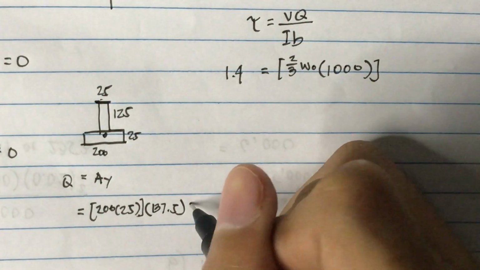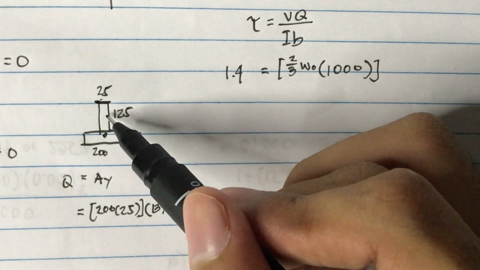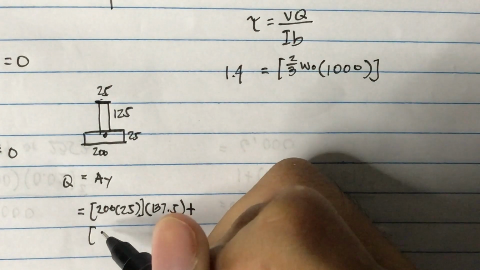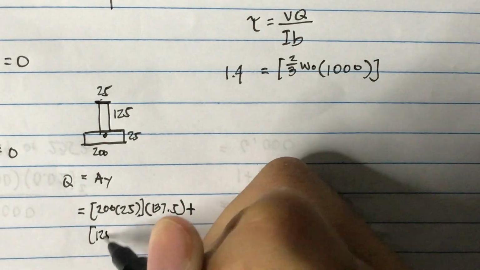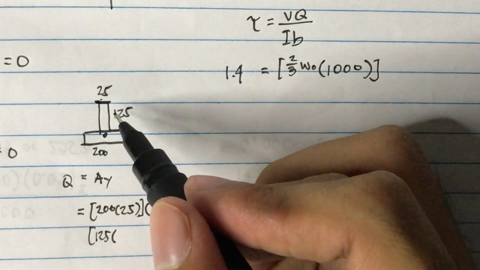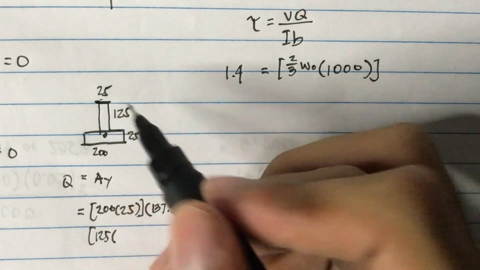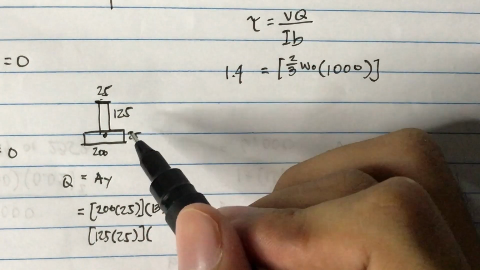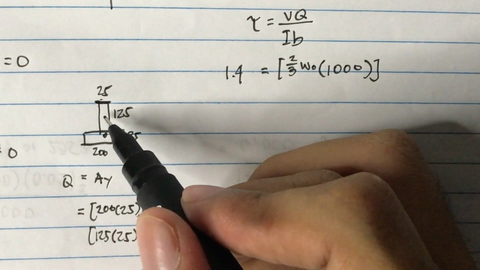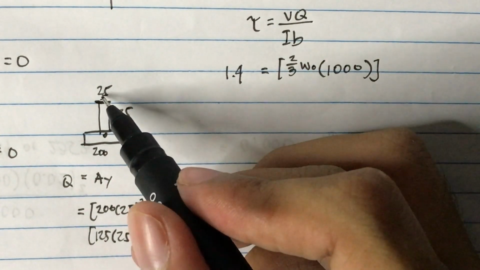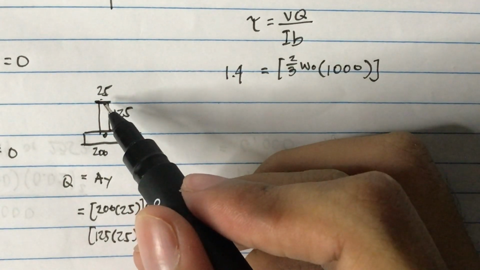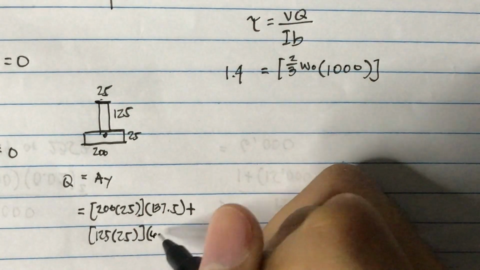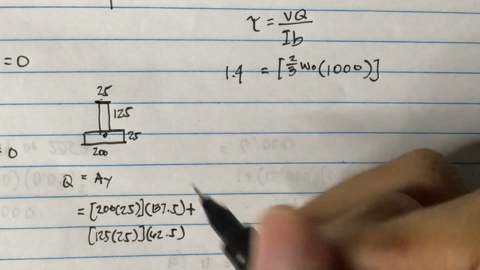And then plus for the another element nga area is 125 nga height, then base nga 25 times iyahang Y is from the centroid to the cutting section, which is 125 divided by 2, we will have 62.5 na value.